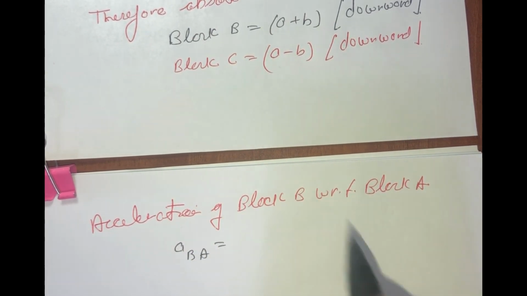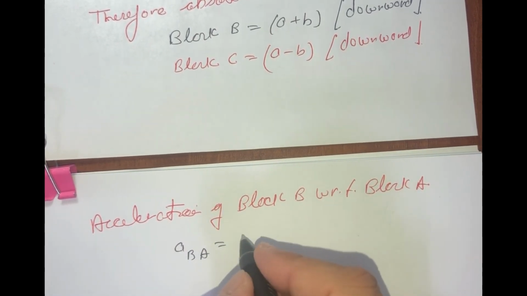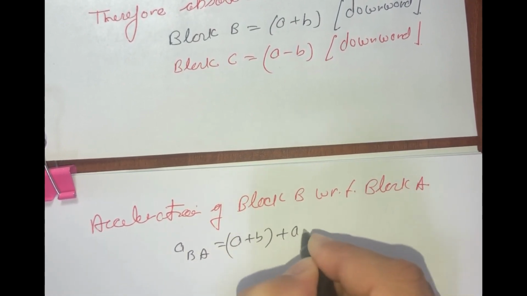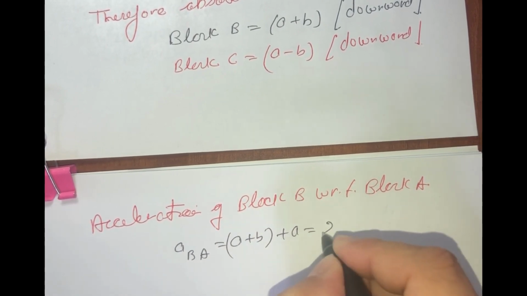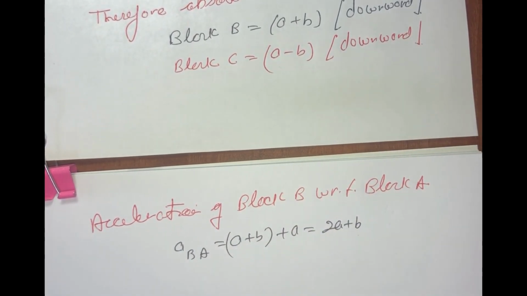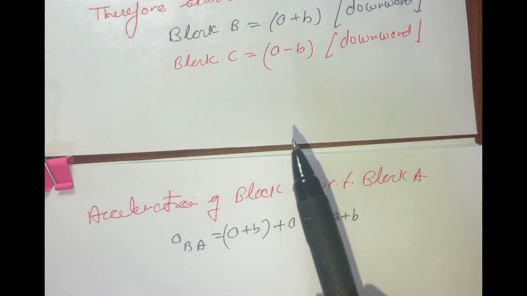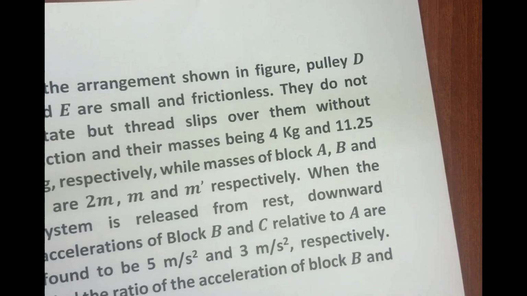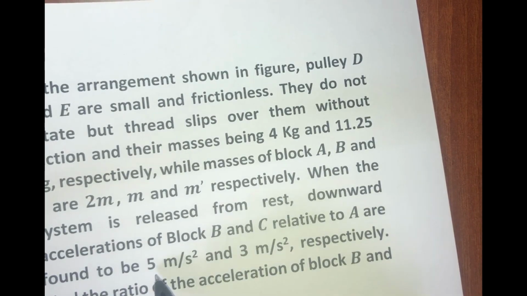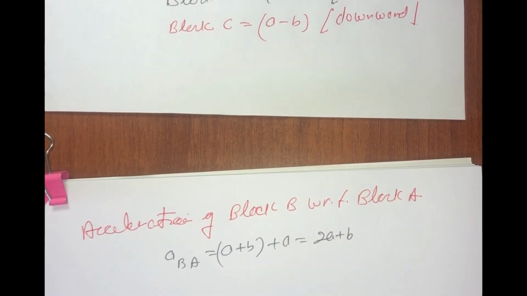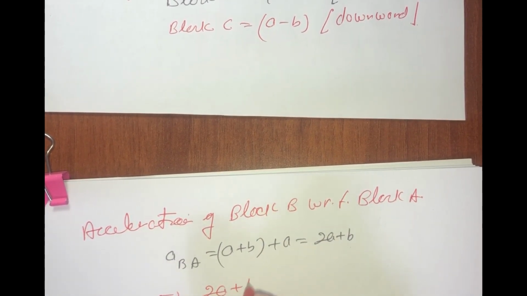So their direction will be same. So this will be equal to a plus b plus a, which will be equal to 2a plus b. And the acceleration of B relative to A is given as 5. So 2a plus b is equal to 5. Let this be equation number 1.